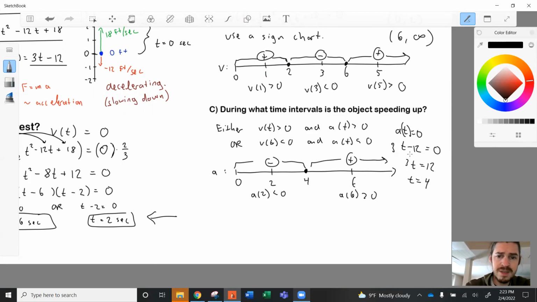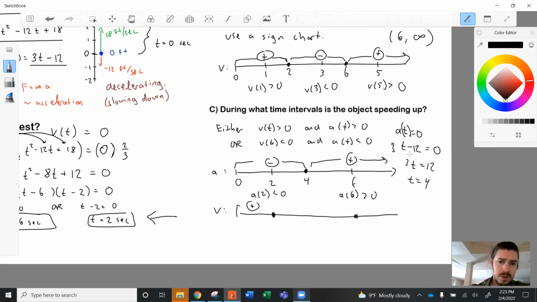I'm going to take that sign chart and line it up next to a copy of the v sign chart that we had here. It went to 2 and to 6, and it was positive, then negative, and then positive again. If I line up the two sign charts next to each other, I can look for the intervals where they're either both negative or both positive.